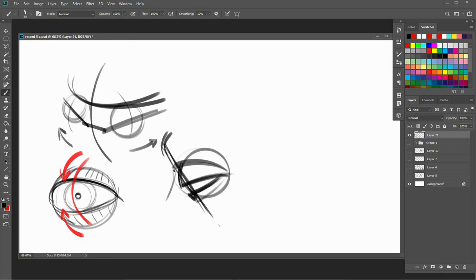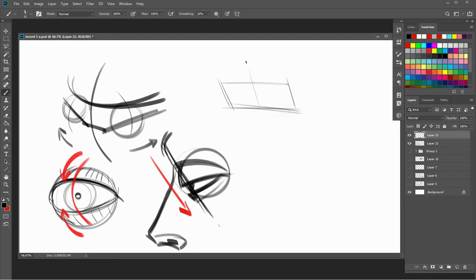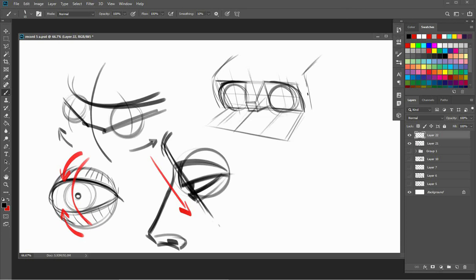Eyeballs are placed in an inward slope. If we want to simplify, it looks like this, where the eyeballs are located.